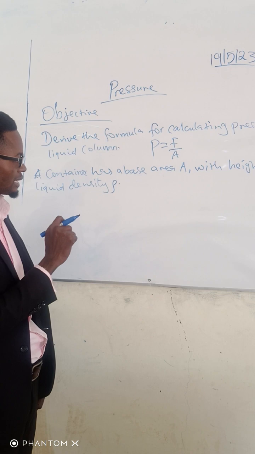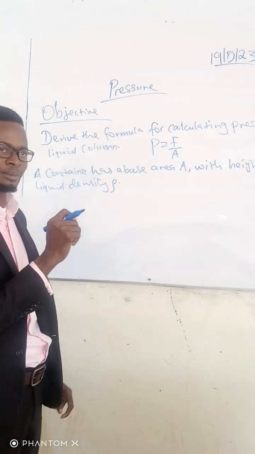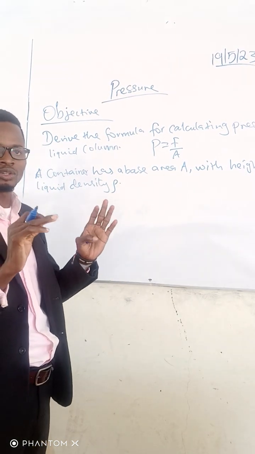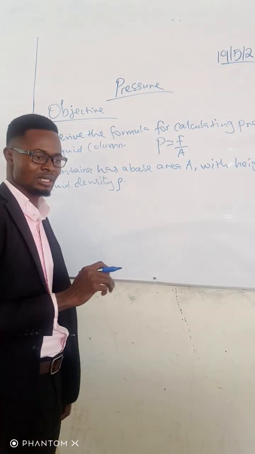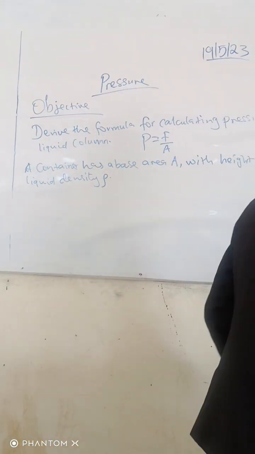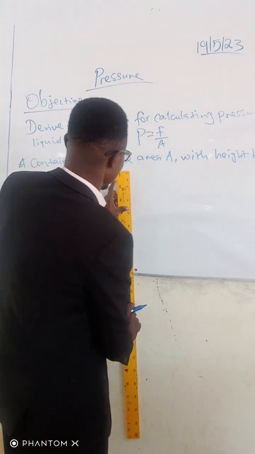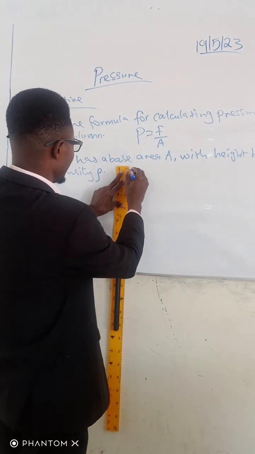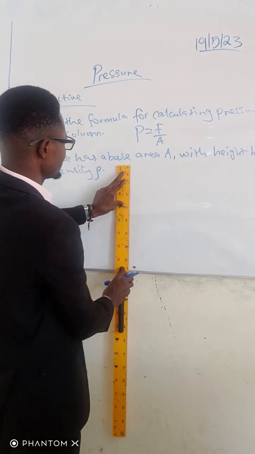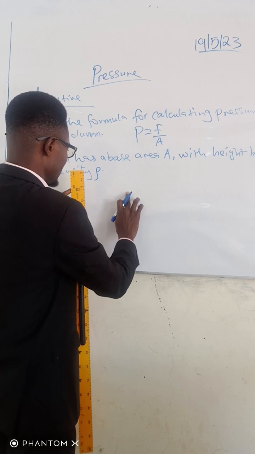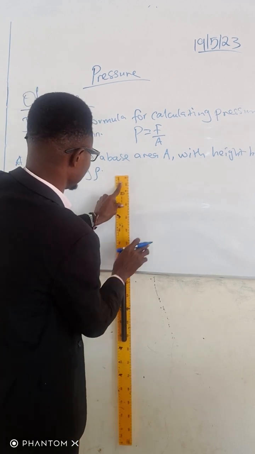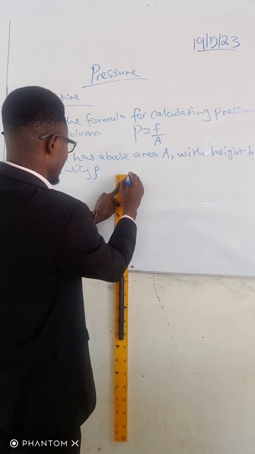Before we talk about that, let me draw that container, because it's going to be a cylindrical container. So let's say that we have our container here. This is our container.